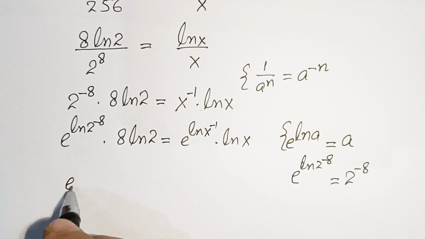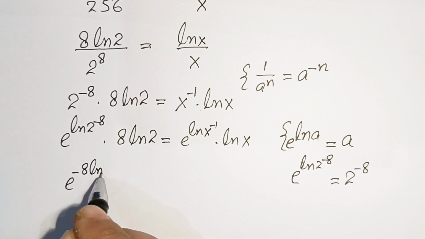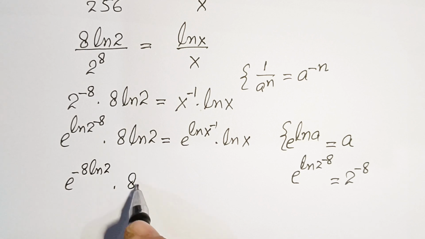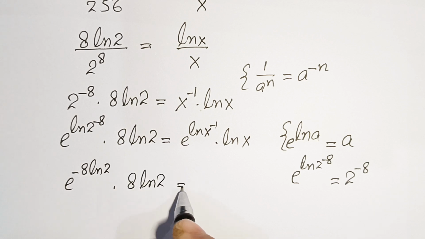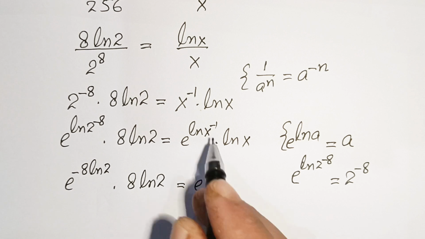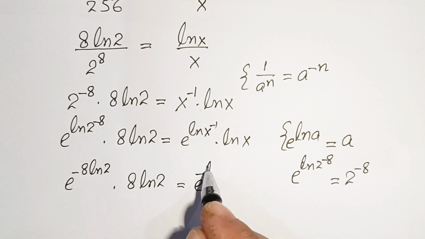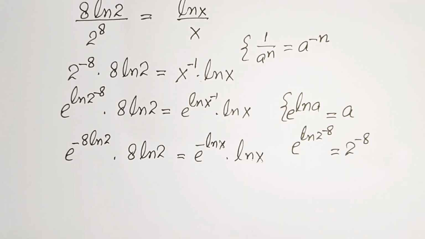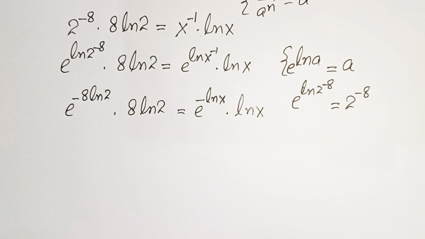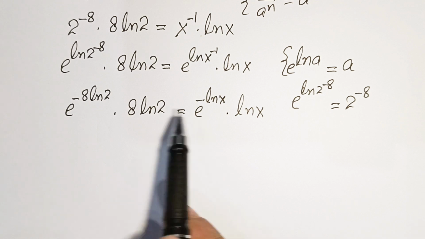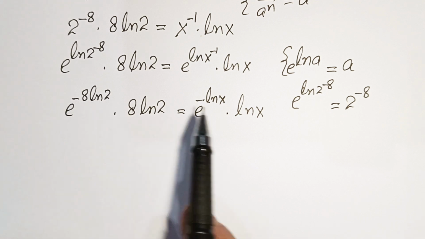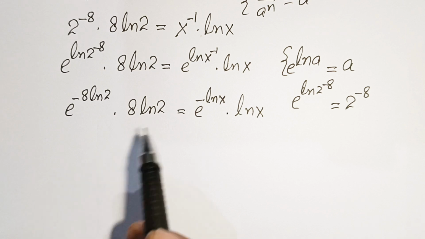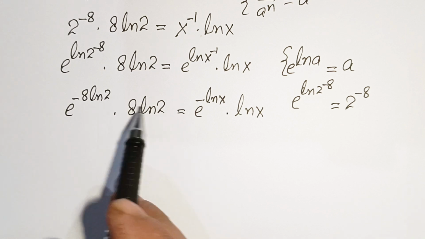So we have e to the power minus 8 natural log of 2 times 8 times natural log of 2 is equal to e to the power, shifting this minus 1, minus natural log of x times natural log of x. As we want to use the Lambert W function, we have to multiply by minus 1 on both hand sides. First of all, we have to change these terms here.